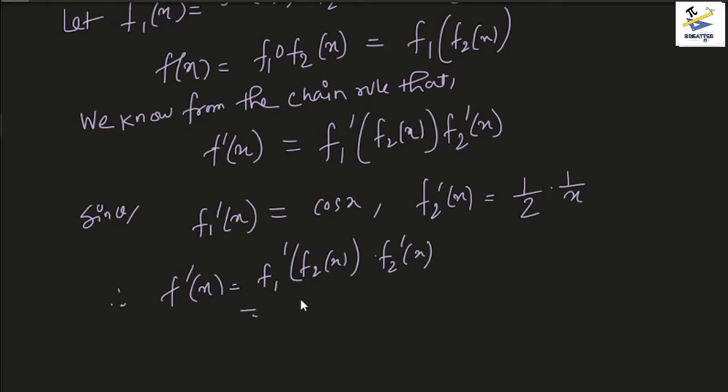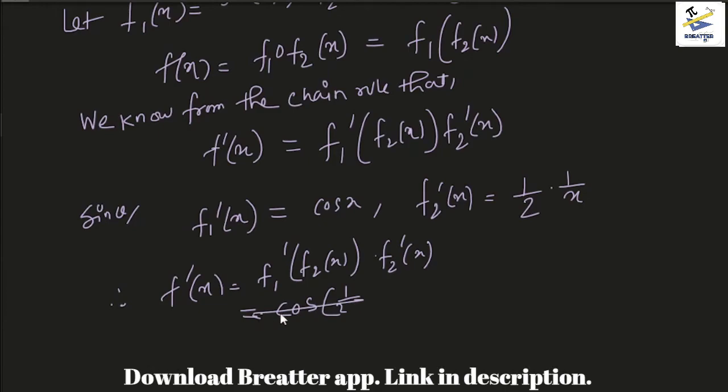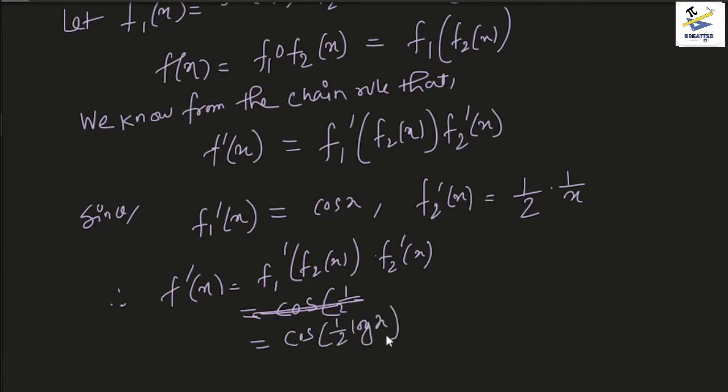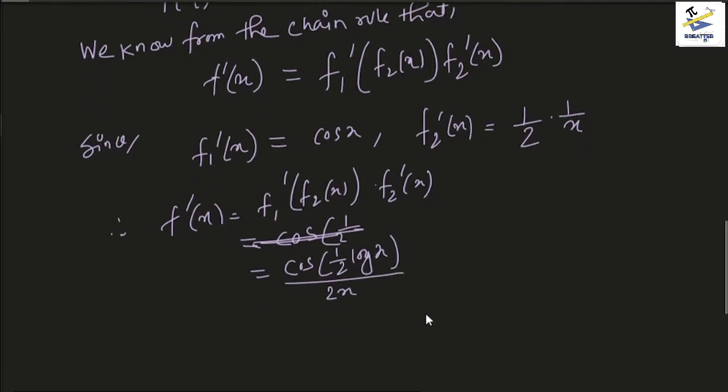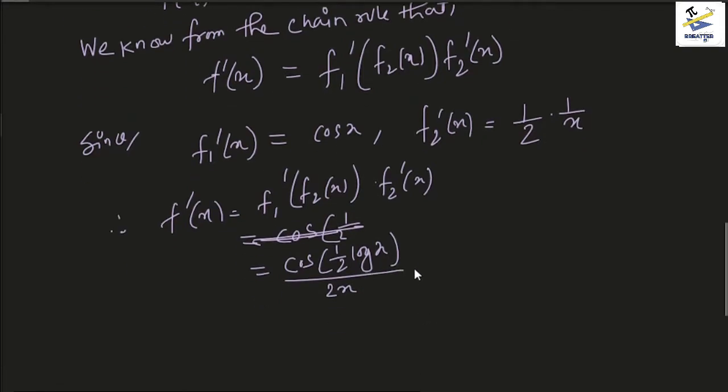This would give me cosine of half log x by 2x. This would be your answer for the derivative.